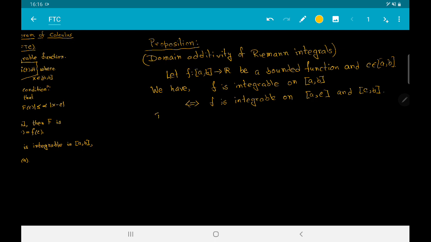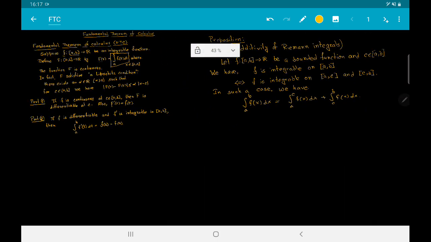Moreover, in such a case, we have the integral from a to b of f(x) dx is equal to the integral from a to c of f(x) dx plus the integral from c to b of f(x) dx.